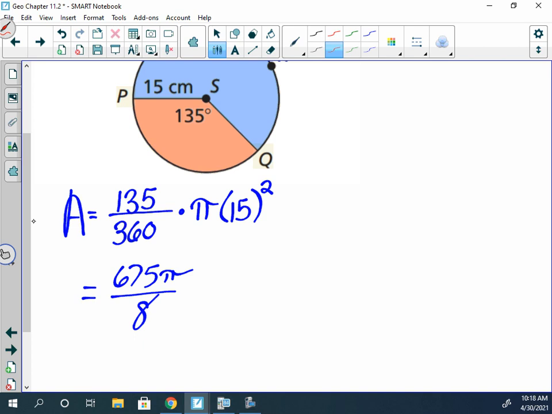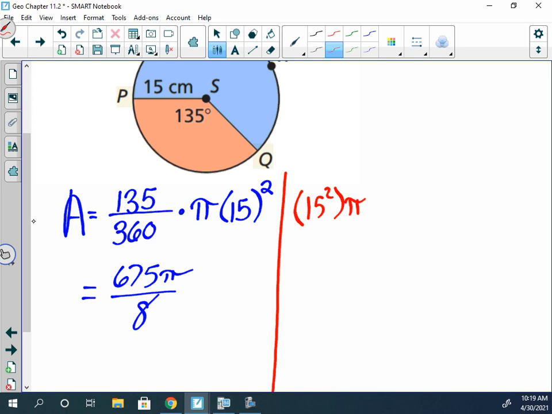Questions on this here? Yeah, if I want to find the area of the one in blue, well, I know the area of the whole circle should be 15 squared times pi, yes?